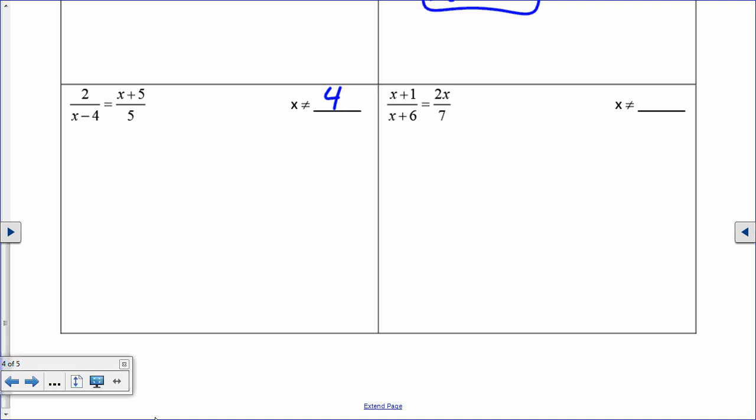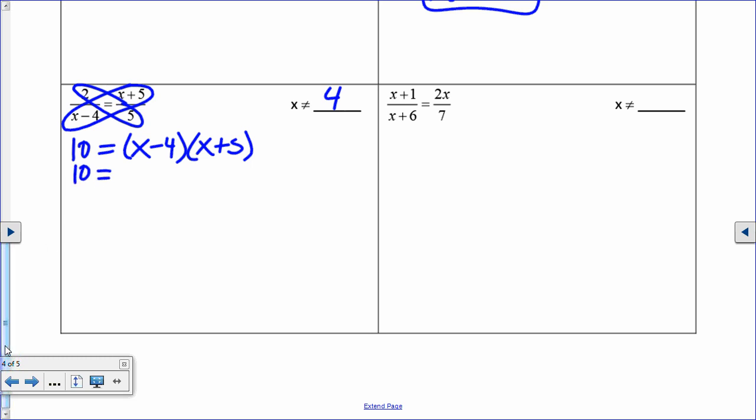Alright, now we're going to cross multiply. So if I multiply these two together, it's a binomial times a binomial. Let's write it like this. When you have a binomial times a binomial, we're going to have to FOIL.